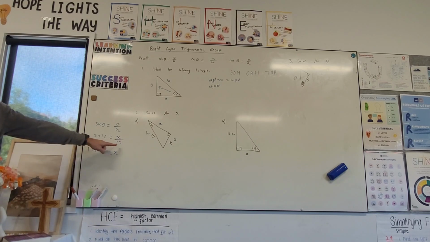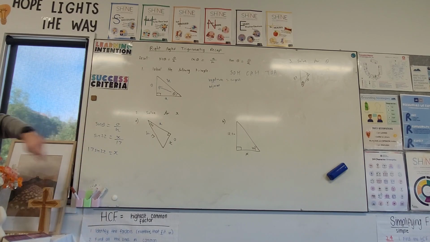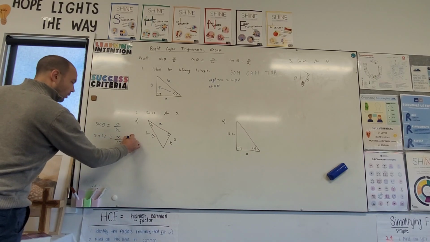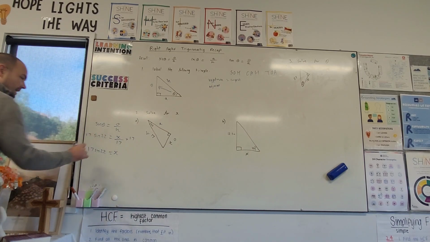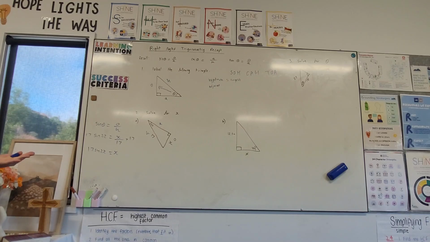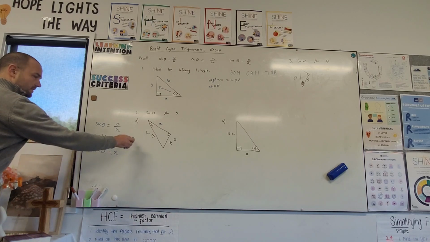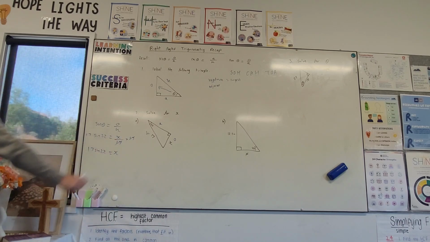So we take that 17 and we move it up here. What's technically happening in terms of the algebra is we multiply both sides by 17. Remember with an equation, you can do anything you want as long as you do it to both sides to maintain balance. On the right-hand side here, we have 17 at the top and the bottom, which will cancel, which leaves us with x. So that's what we're technically doing.